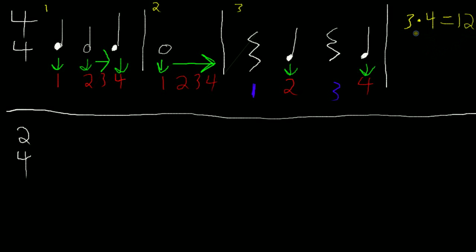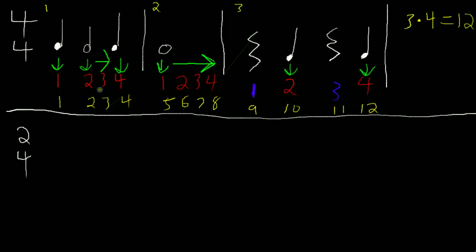So up here we've got 12 total beats, and this makes sense. We could count them up: 1, 2, 3, 4, 5, 6, 7, 8, 9, 10, 11, 12. Okay, so there we go.